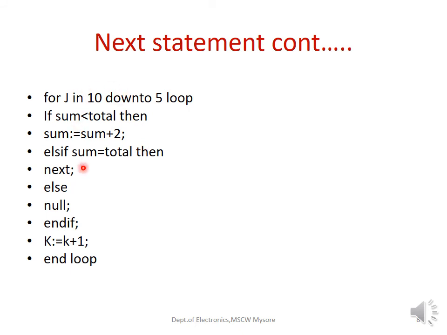In this example, what happens? Here I have taken the next statement. It is doing all the calculation from the beginning. When it comes to next, what happens? It is not going to execute all the statements. It just skips everything and goes here and starts execution once again from the first line.